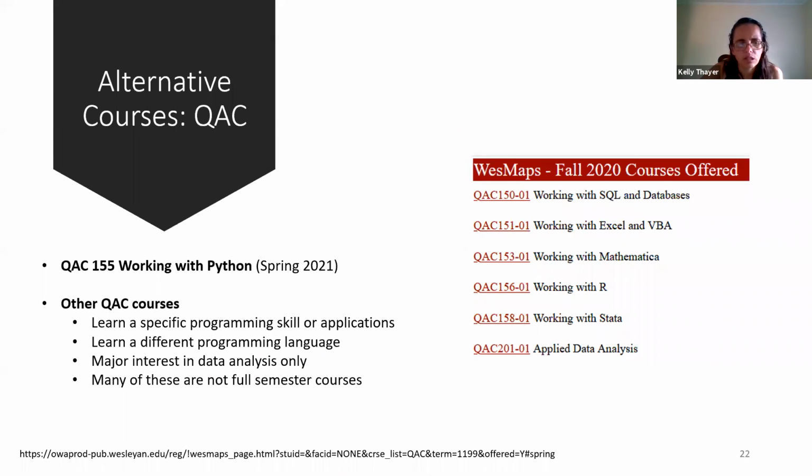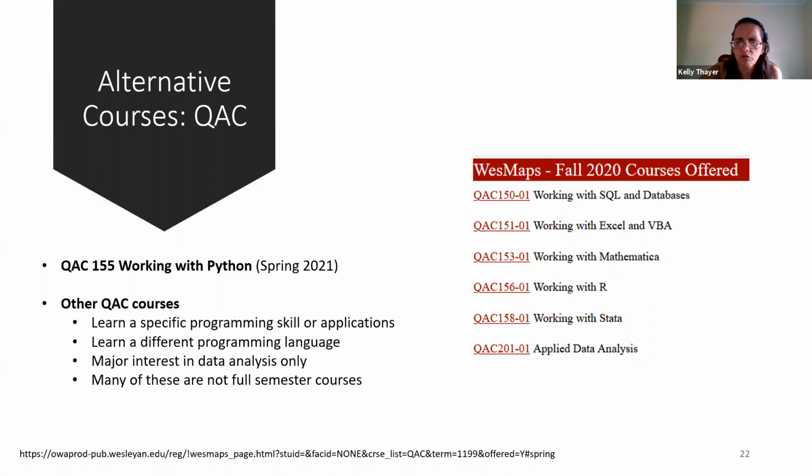This, like I was saying, tends to be focused on particular programming skills. You can see over here a couple of the courses that are offered this semester: working with SQL and databases, working with Excel and VBA, Mathematica, R. I also teach one of these courses in the spring on MATLAB, so if you're interested in that, you may wish to pick that up.